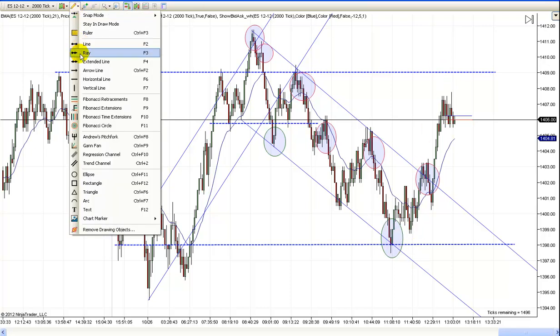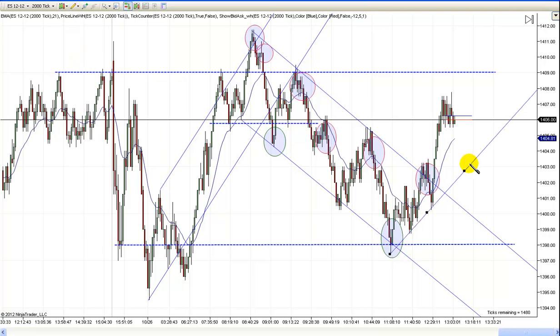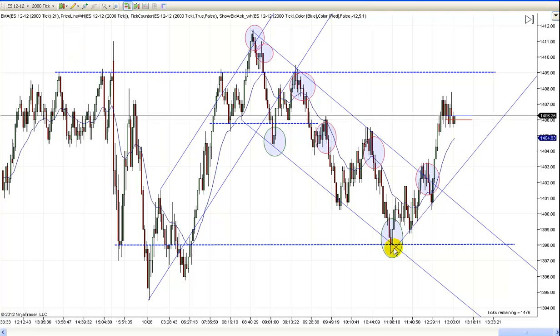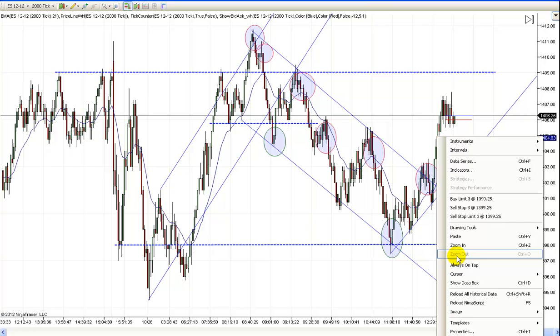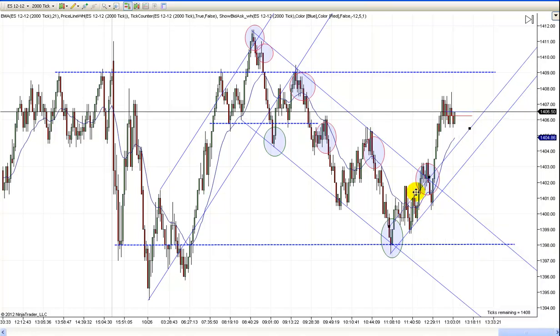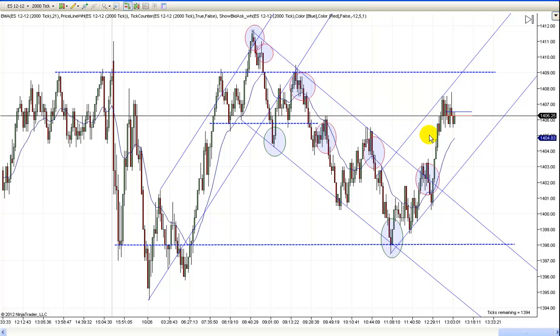And I didn't put any of this. I haven't been trading since taking my last profits off the lows down here, but we've probably got a channel on the way up right there.